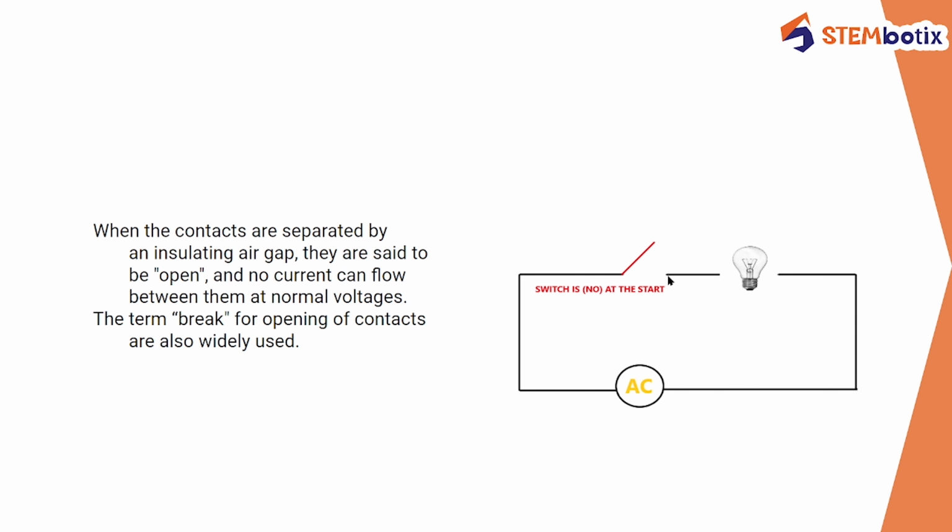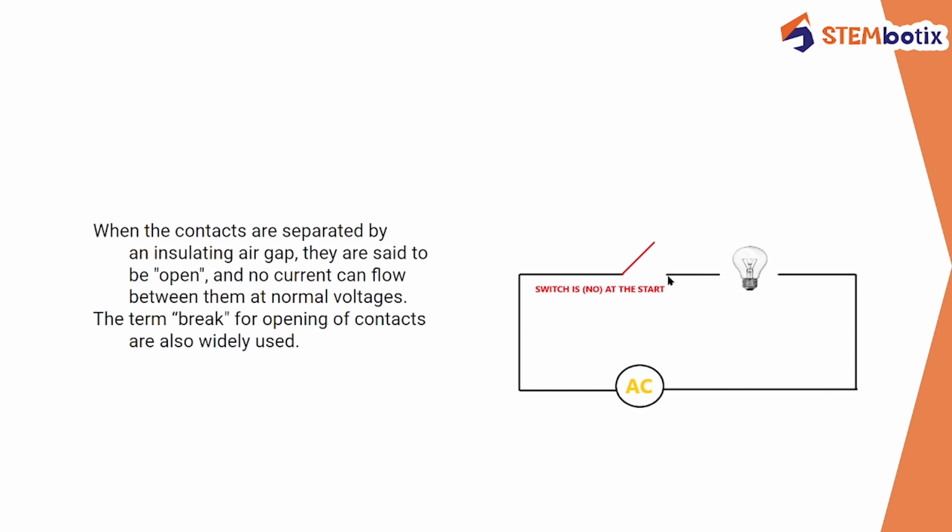The second terminology is normally closed. It means what happens when a circuit has a closed loop. This is how a normally closed switch looks like.